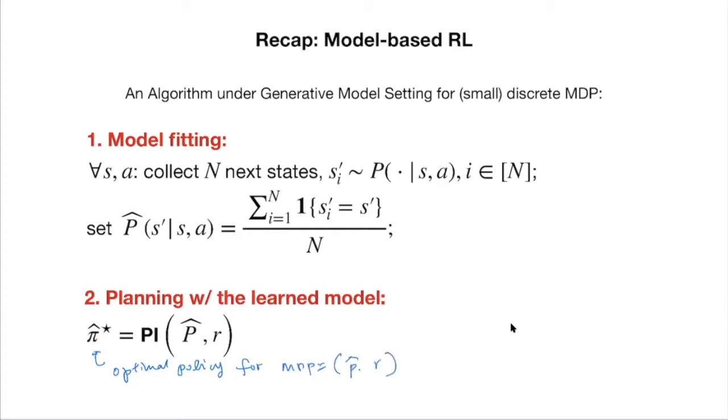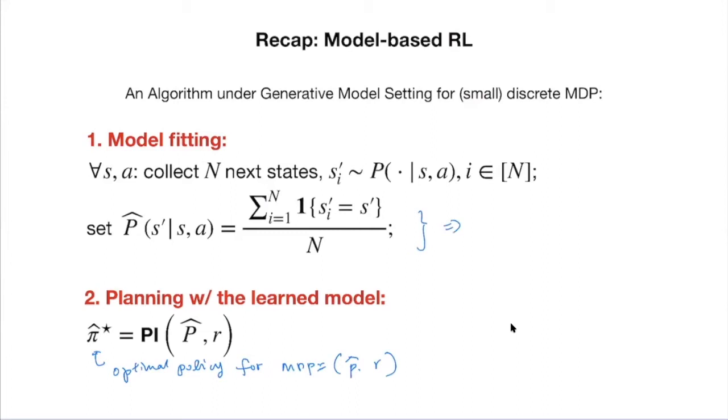Because we run policy iteration on this approximate MDP. But now we can use the simulation lemma to quantify the performance of this output policy pi hat, right? Under the real model P, because here we can use classic statistical tools to compute the deviation between pi hat and pi.